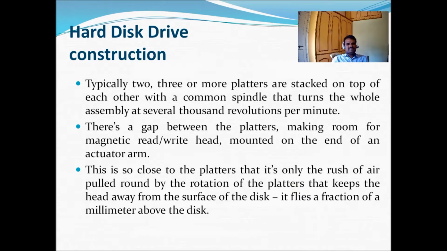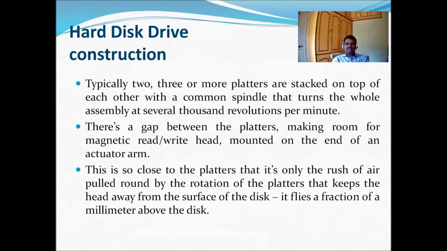Hard disk drive construction again. Typically, 2, 3 or more platters are stacked on top of each other with a common spindle that turns the whole assembly at several thousand revolutions per minute.